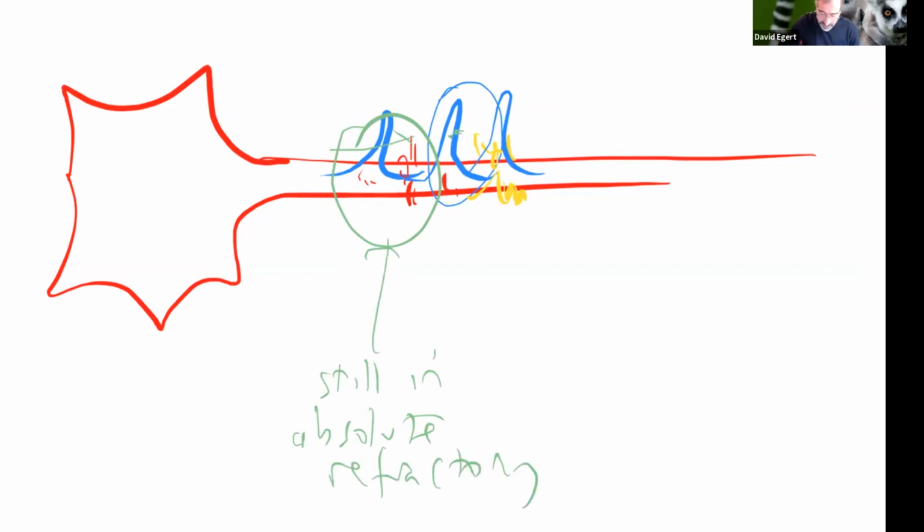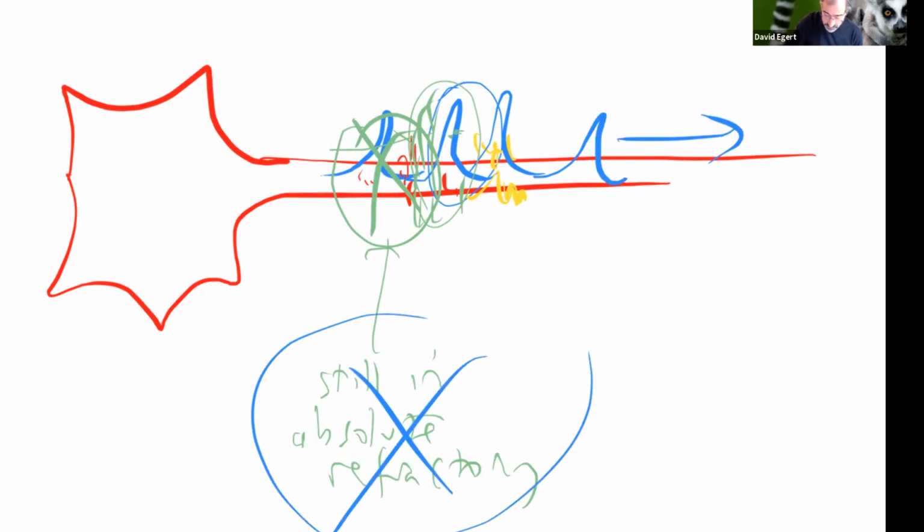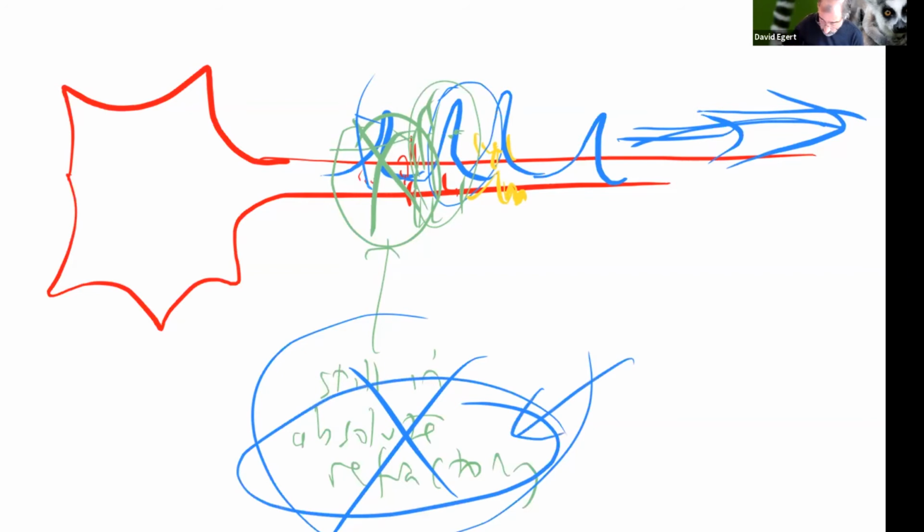So it doesn't matter how much positive is here. This part is at rest. This part can't have another action potential yet. And by the time this is over and this is ready to go again, this excitation is far enough away that it's not going to cause a problem.